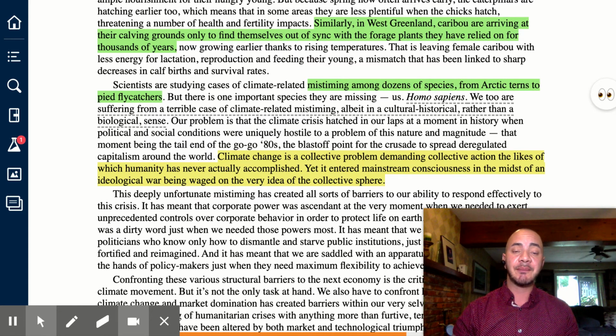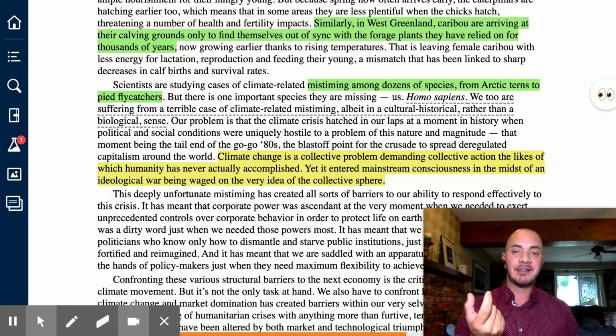So here she does something different because she's still using the term mistiming, although in the previous examples of mistiming, we're talking about biology. We're talking about a group of animals who are moving into their reproductive phase or their migratory phase, and the food source that they used to rely on is no longer available. That's a mistiming.